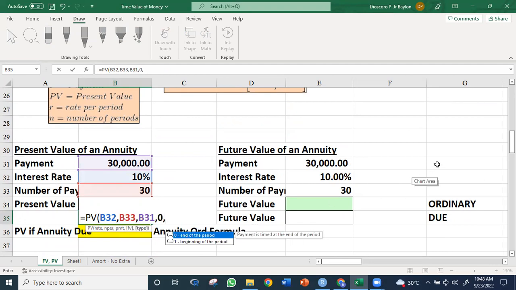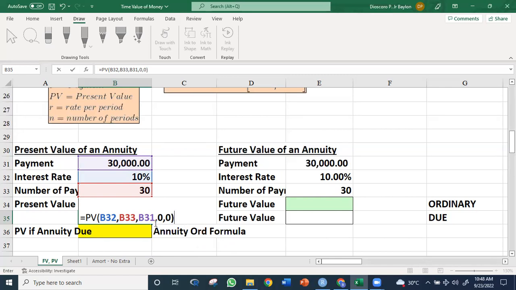So there are 2 types of annuity. It's either annuity ordinary or annuity due. If we're not told what type of annuity it is, it's always annuity ordinary, which is at the end of the period. So that should be 0. I can type 0 here or just ignore it.